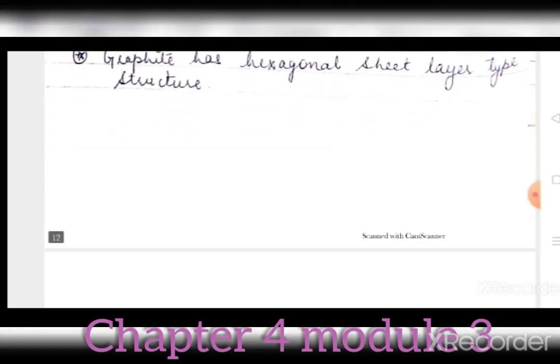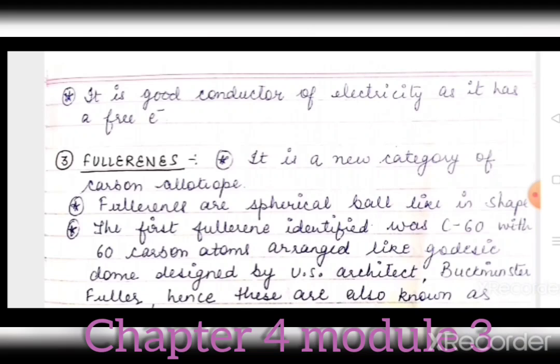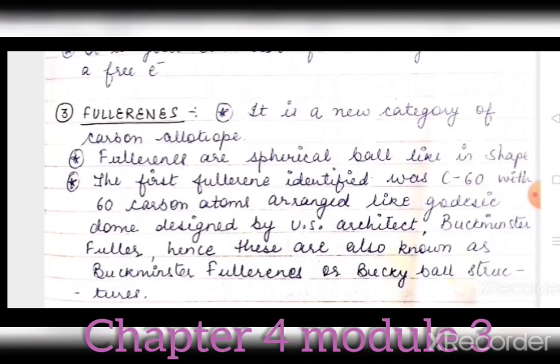It is the new type of allotrope, fullerenes. It is a new category, and fullerenes are spherical ball-like in shape, just like a football. The first fullerene identified was C60 with 60 carbon atoms arranged like a geodesic dome, designed by US architect Buckminster Fuller. Hence, these are also known as Buckminster fullerenes or buckyball structures.